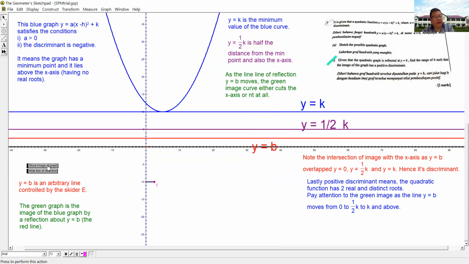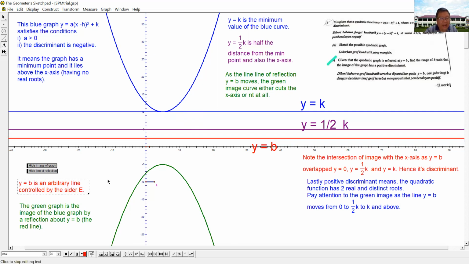Then we look at the image. When this blue curve is reflected about this red line, the image is this green curve. This is called a slider.